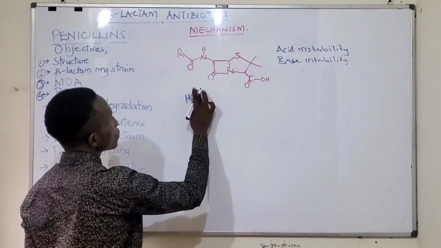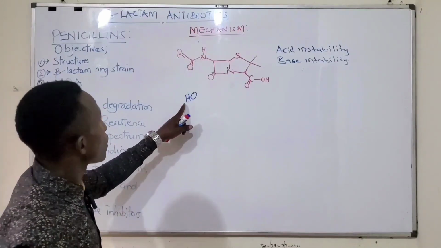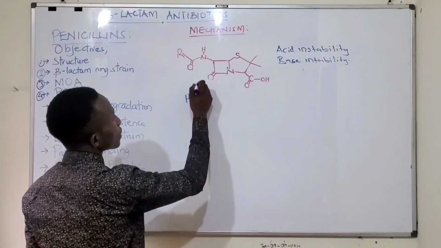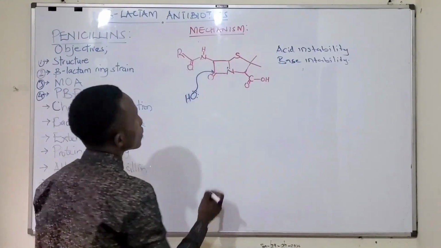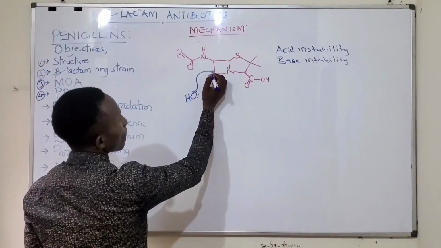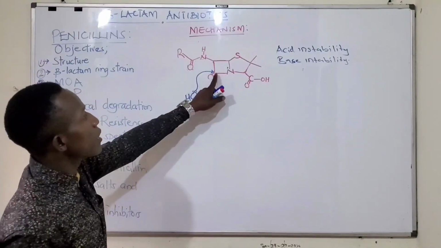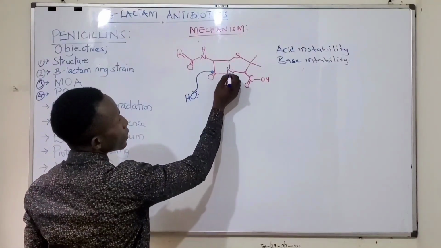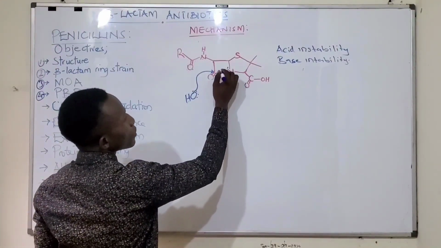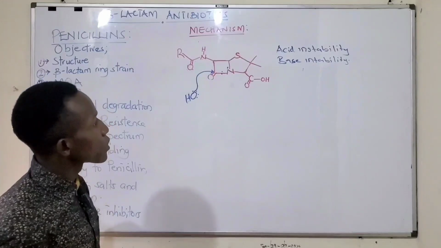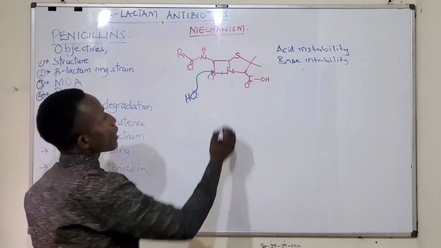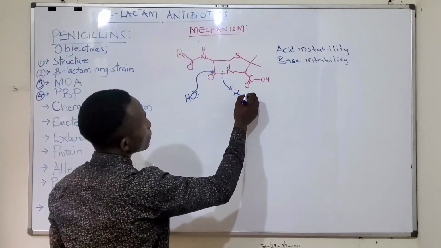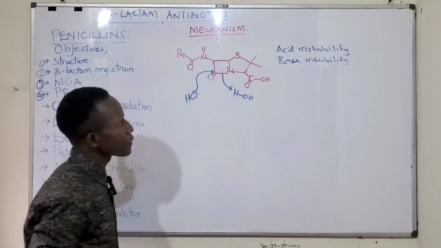This hydroxyl group is a nucleophile, meaning that it will attack this carbon. When it attacks that carbon, of course, we shall have the carbon having excess bonds. So this one will break. As it breaks, we shall use these bond pair of electrons to attack the hydrogen. But that hydrogen will be from our water.